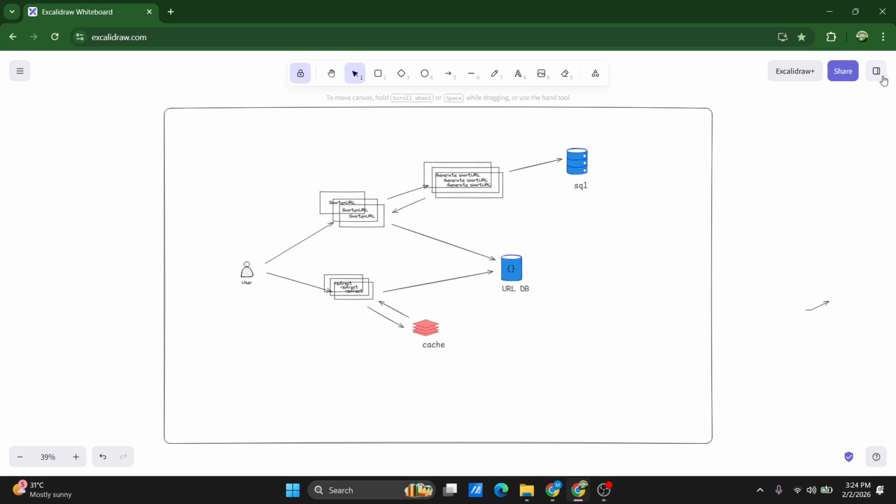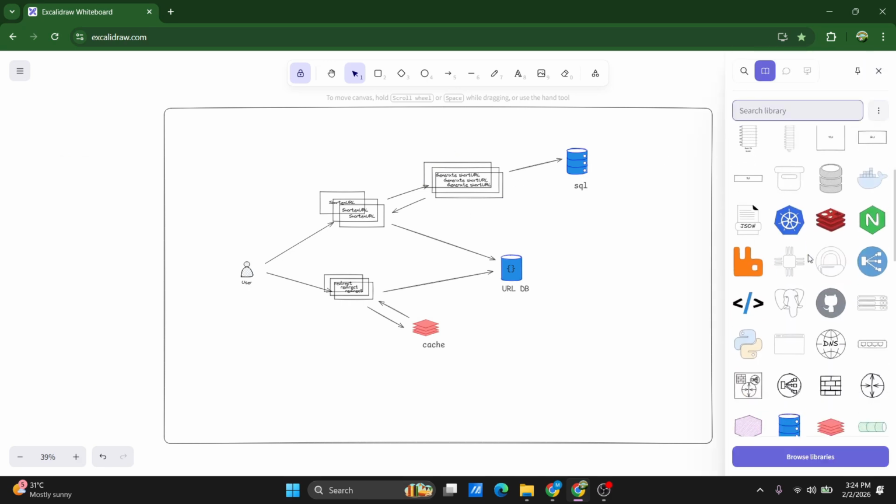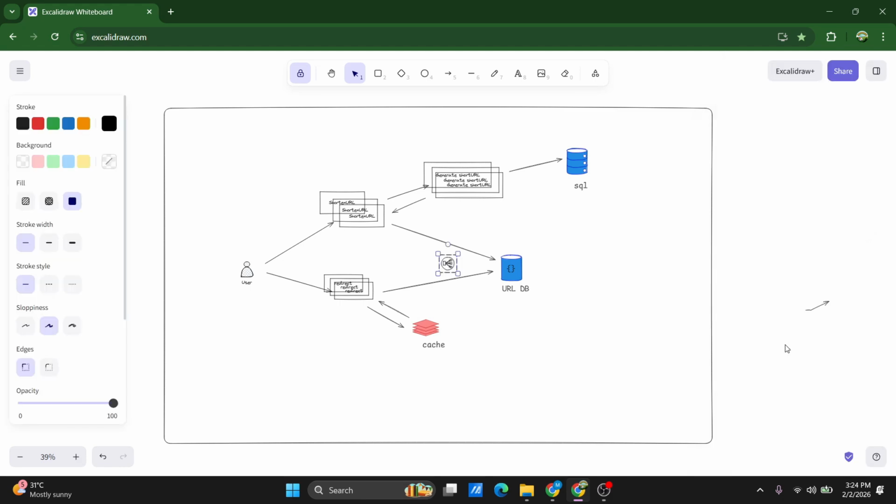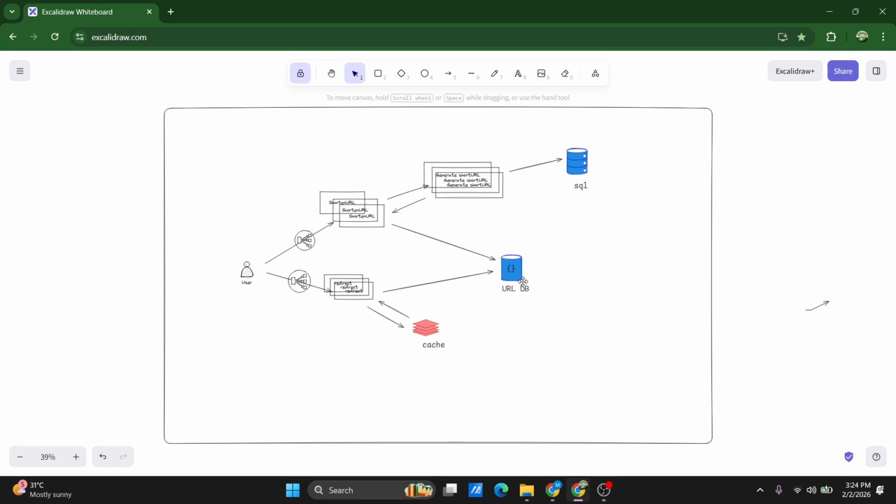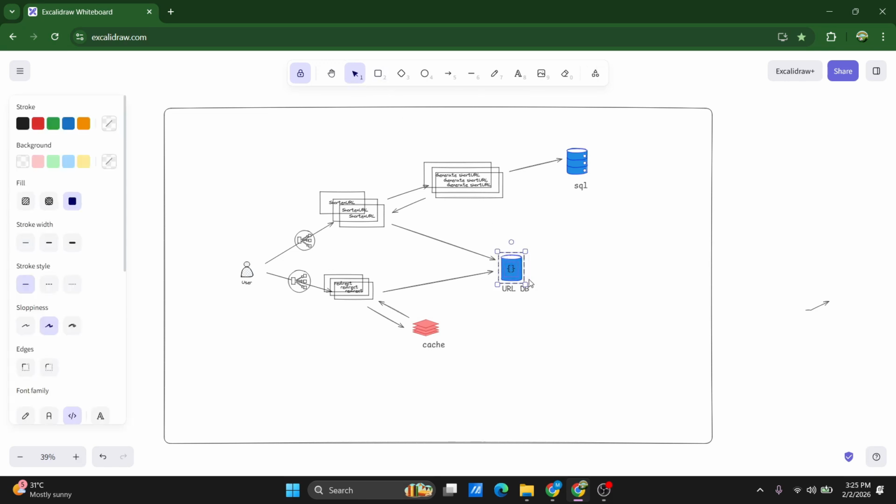We will add load balancers for these services. And also for the database, if one database fails, then the system crashes. So what we'll do is we'll replicate the database.